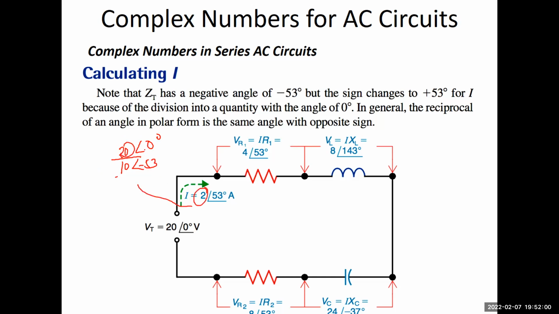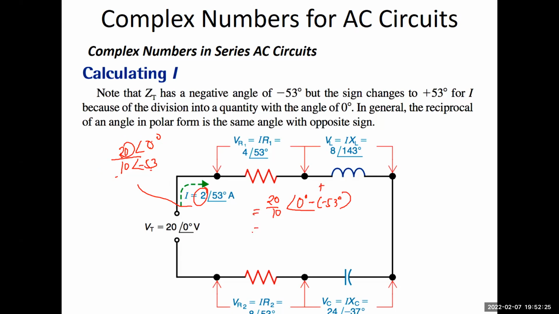And then, di ba, pagka division, magma-minus tayo ng angle. So the phase angle would be equal to 0 degrees minus negative 53 degrees. So minus minus, that will now be plus.